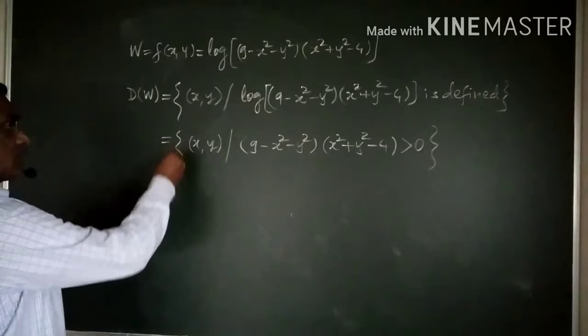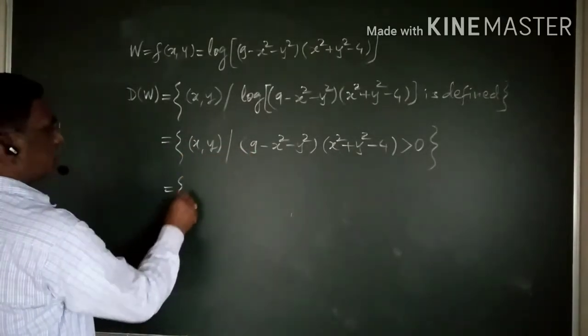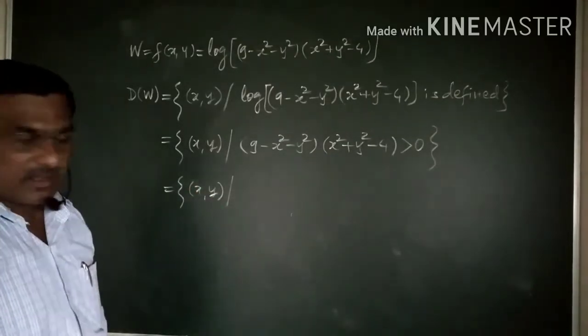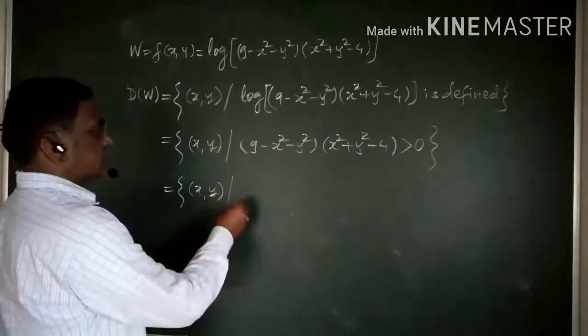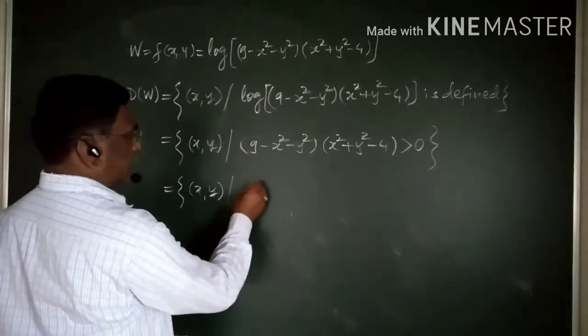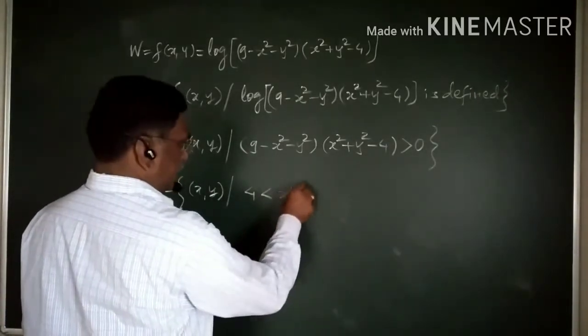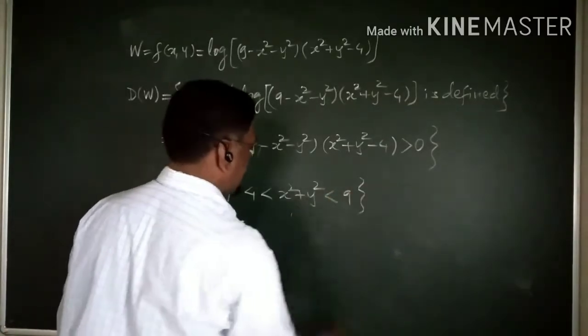Therefore, if you try to simplify this, what you get is the set of ordered pairs (x, y) from the real numbers such that 4 is less than x squared plus y squared, which is less than 9.